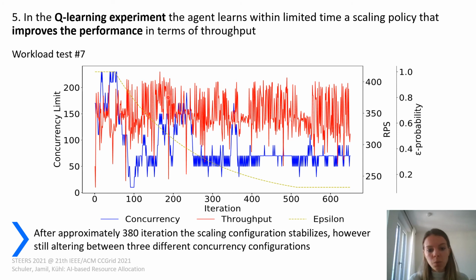And that's a reason why we can also see much more balancing and variation in setting the concurrency limits. However, after approximately 380 iterations in this case, the scaling configuration stabilizes and is alternating only between 1, 2, or 3 different concurrency limits at the end.